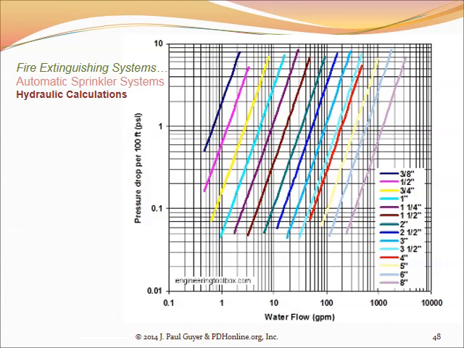And then the water flow rate, for the different sizes of pipe, is what you see with the different colored lines there. And so you go through, and using this table, you would calculate the pressure drop between where the water enters the building and where the fire is. And if it turns out that you've got too much pressure drop, that means you're going to have to increase the size of some reaches of your pipe.